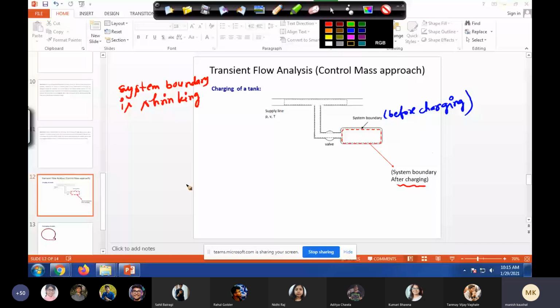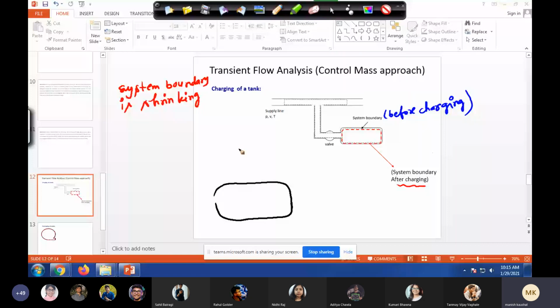Rather than making this pipe so complicated, I'll just say that there is some gas outside. So let's say this is my MF minus M naught, and here is my M naught.